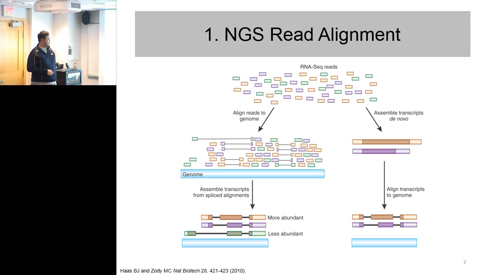What most people do with mRNA-seq or in ribosome profiling is to align those reads to a genome and then assemble those transcripts and then look for differences. The abundance of reads over different splice models can help you estimate which isoforms of genes are more or less abundant.